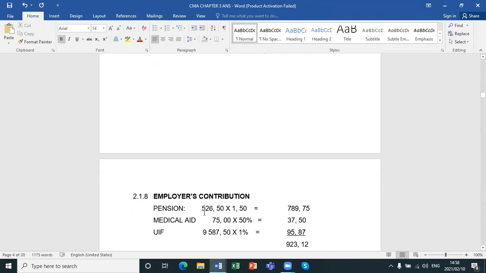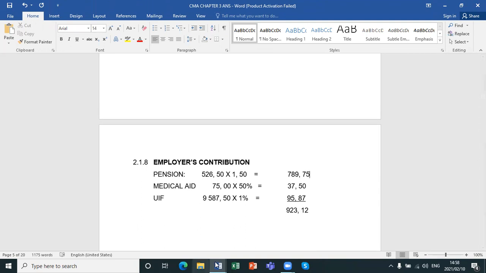Remember, the employee gave 526.50, so it's times 1.5, and that is what the employer is giving. Medical aid is 50% of what the employee gave. The employee gave R75, so it's 37.50. Then UIF, they both give 1% according to legislation, so it's 1% of gross wage. And this is the employer's contribution.